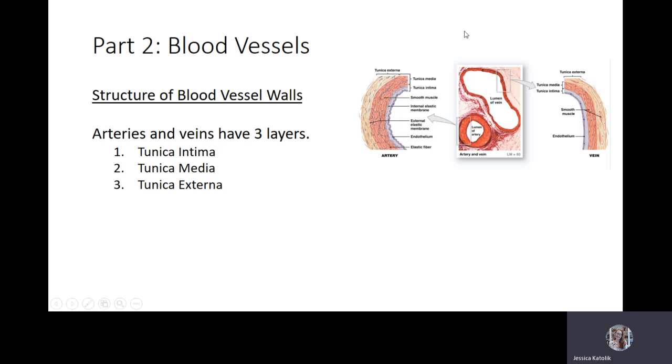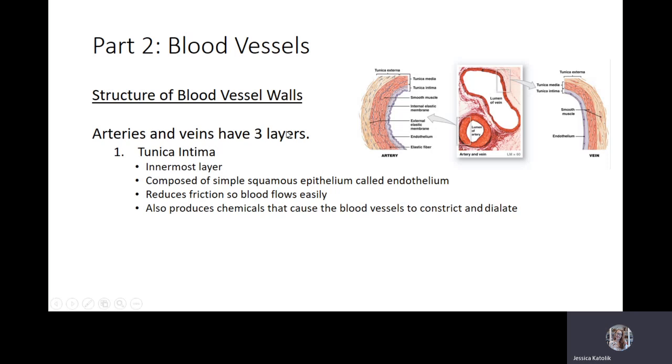It's going to be the closest to the lumen, or that hollow space. Tunica media, which is going to be in the middle, and then the tunica externa, which is going to be most superficial. So tunica intima, tunica media, tunica externa. Let's go into what each of these do and what they're composed of.